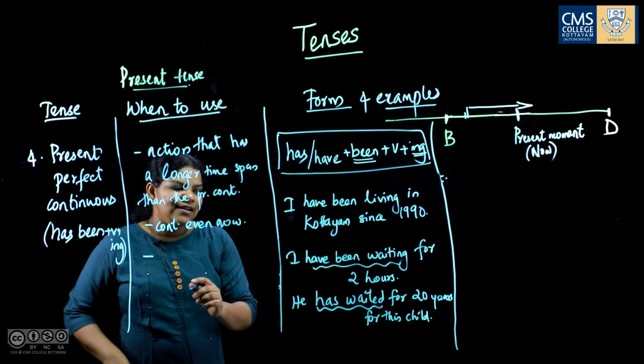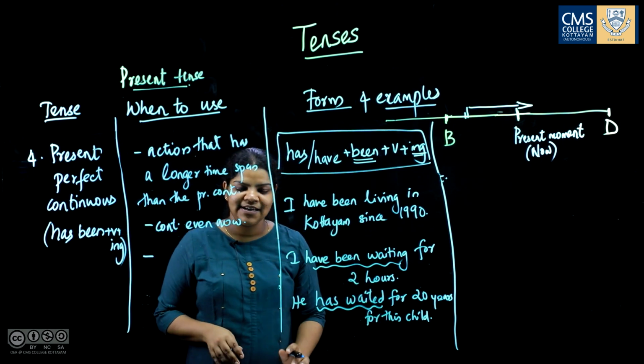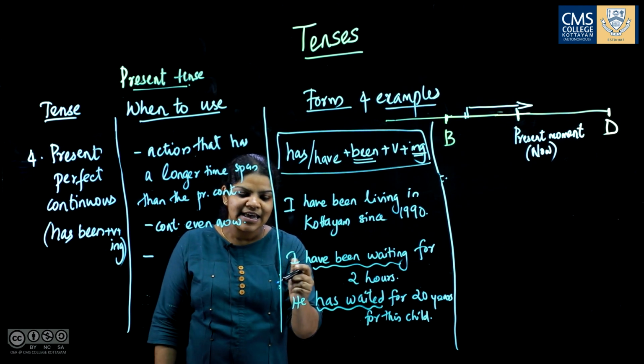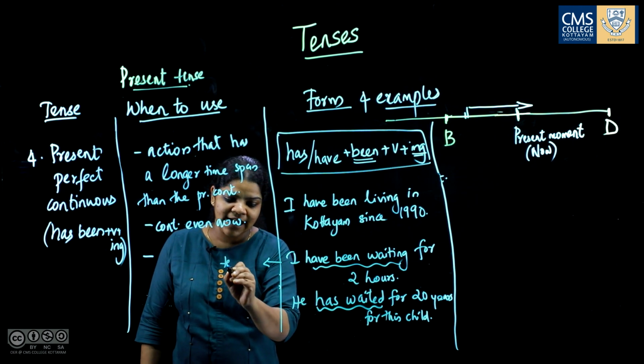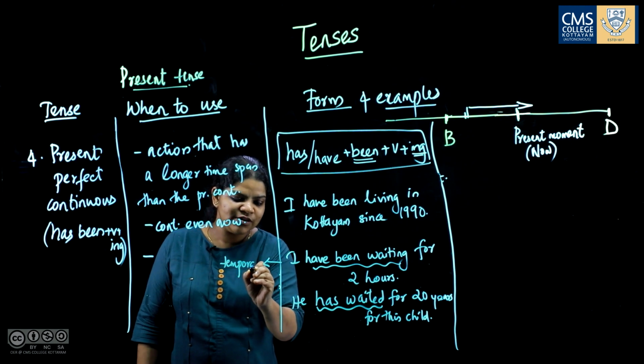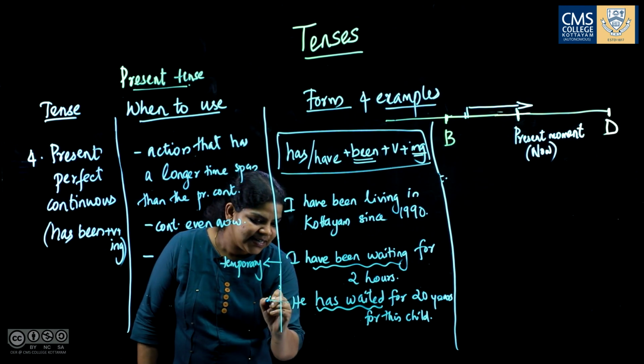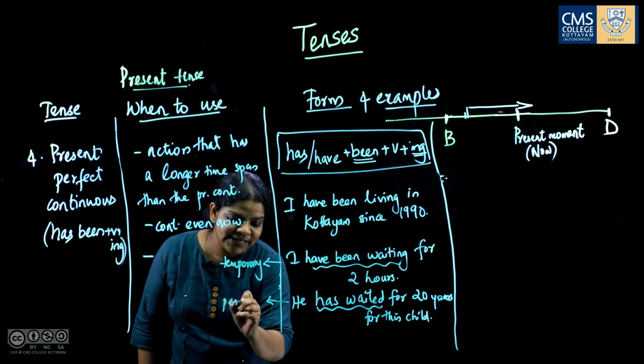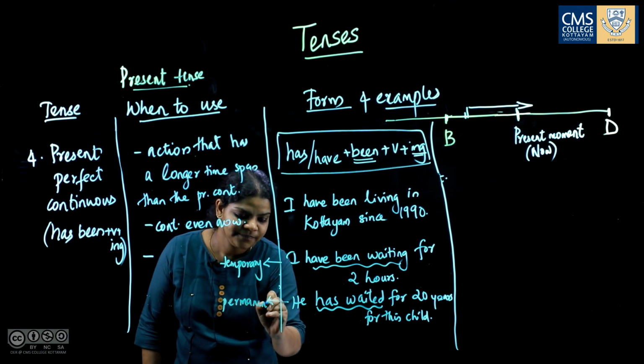Now, what does it indicate? Here, when you compare these two sentences, the present perfect continuous tense refers to more temporary actions or situations, and the present perfect tense refers to more permanent situations.